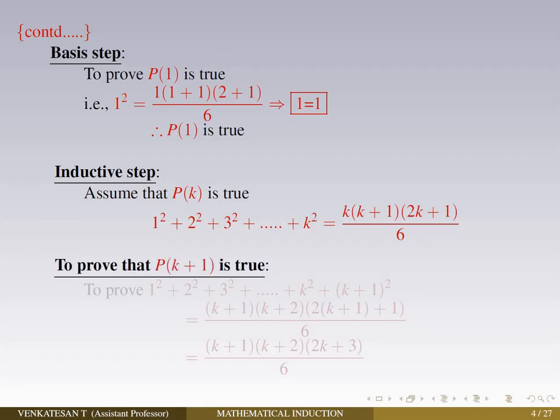Now I want to prove that P of k plus 1 is true. That is replacing k value with k plus 1 now, which means that 1 square plus 2 square plus 3 square plus etc. up to k square plus k plus 1 whole square. Similarly, on right hand side, if I replace all k values with k plus 1, I'll be getting k plus 1 into k plus 2 into 2k plus 3 divided by 6.